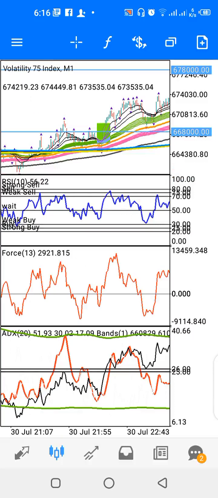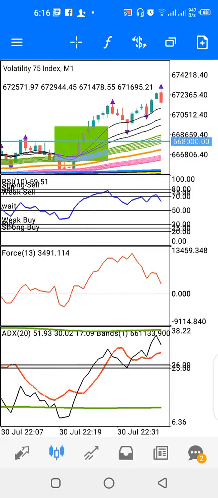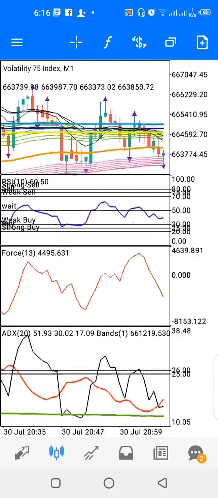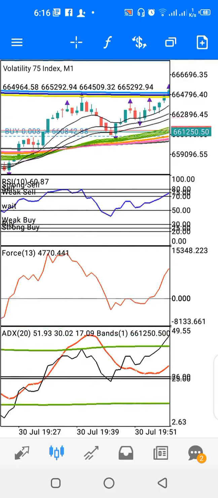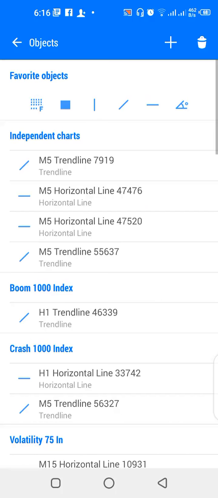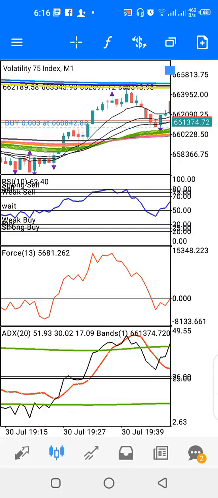When price goes above every moving average, I scalp buy. I scalp some buy position around there. So many moving averages on the main chart, but always aim for when price is above.